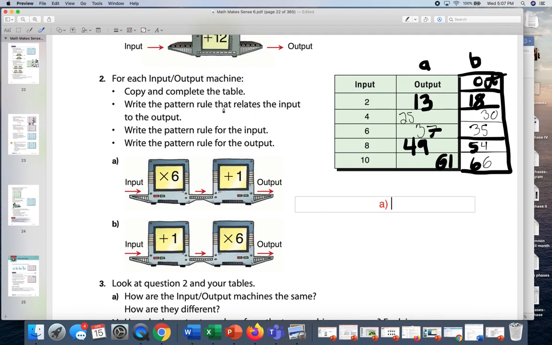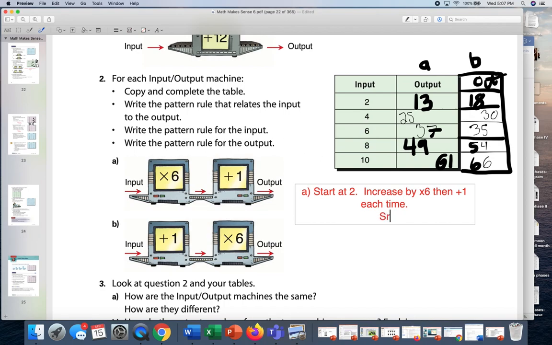Then it says write the pattern rule that relates the input to the output. Okay, so start at 2, increase by multiplying, so we can just do times 6, then plus 1 each time. Now we have to write the pattern rule for the input.